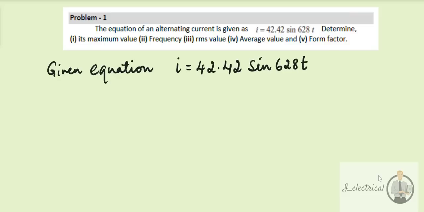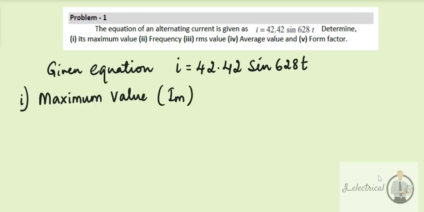Now, first one, maximum value. Because it is the current quantity, it is Im.